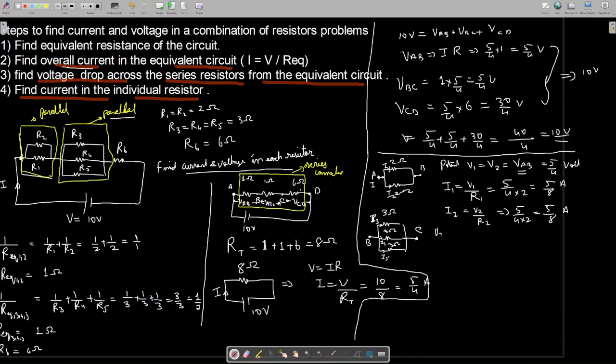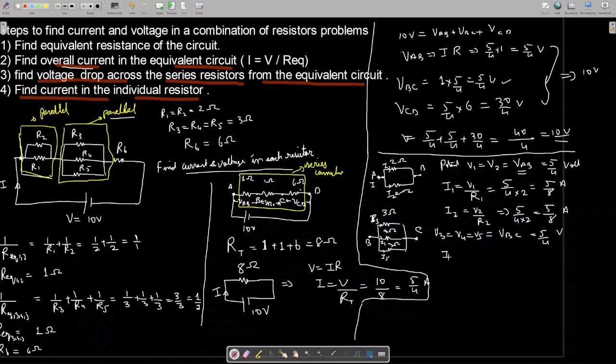So we have V3 equal to V4 equal to V5 will be equal to VBC. Now VBC is 5 by 4 volt. So it is equal to 5 by 4 volt.